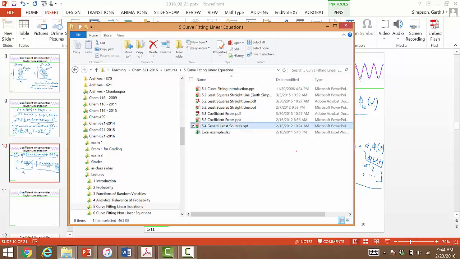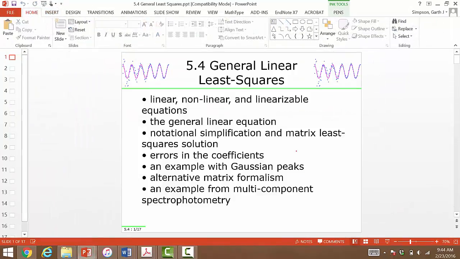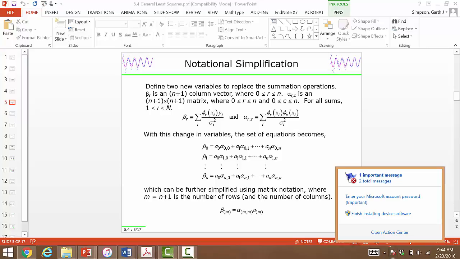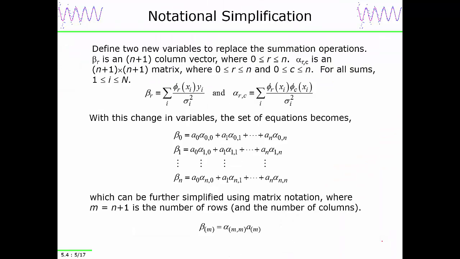Where's the general least squares? Here we go. Look at this. That looks pretty familiar.